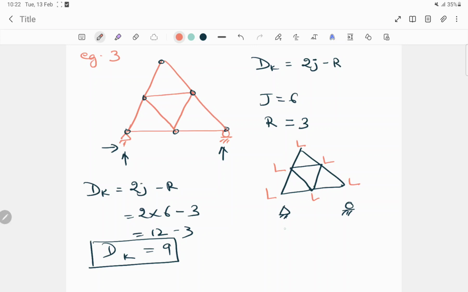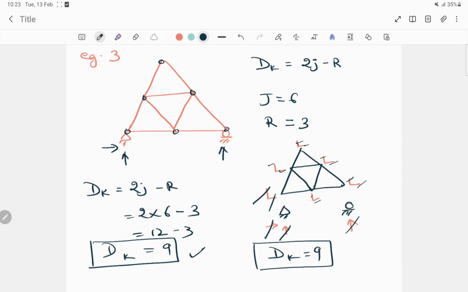In case of the hinge we know there are two unknown reactions, along y and along x, and in the roller support there will be only one. Now just check here, this and this will get cancelled, this and this will get cancelled, this and this will get cancelled. How many will remain? 1, 2, 3, 4, 5, 6, 7, 8, 9. So here also the dk value is 9. So this is also a correct answer.